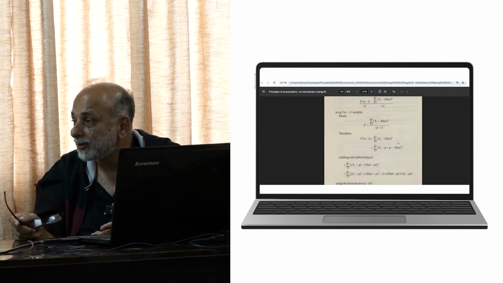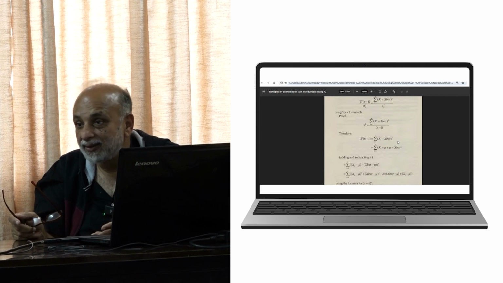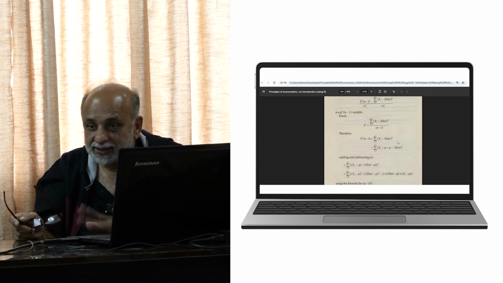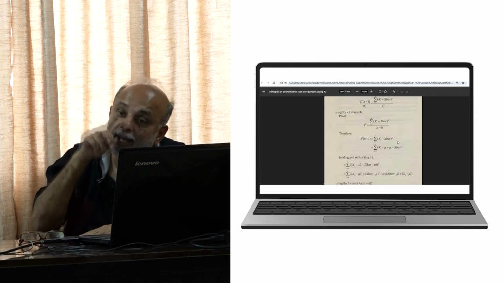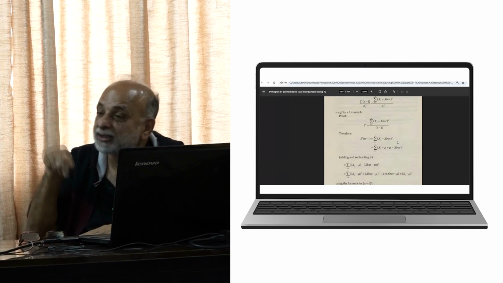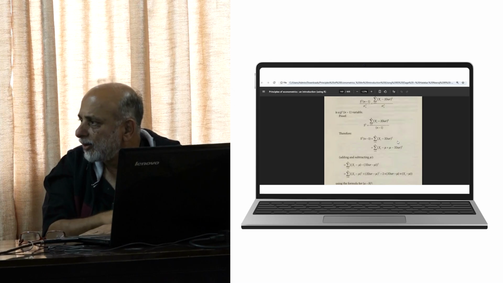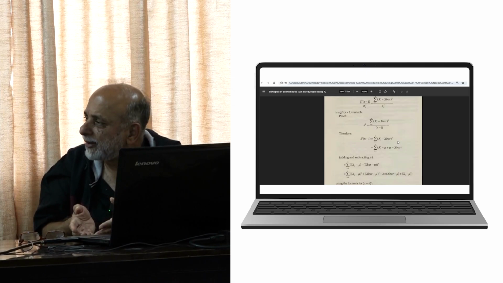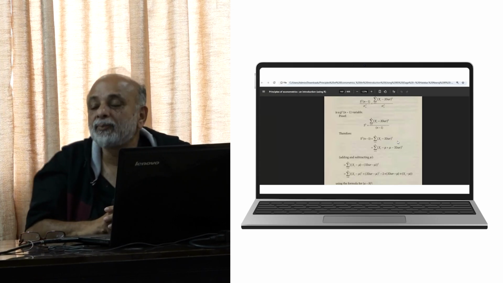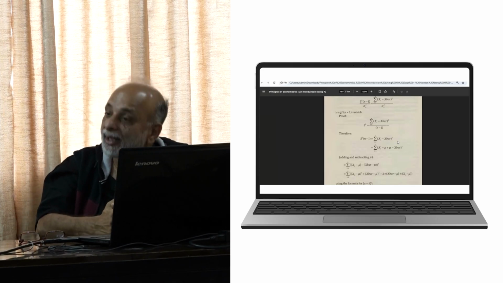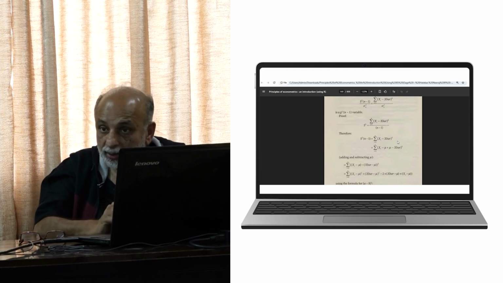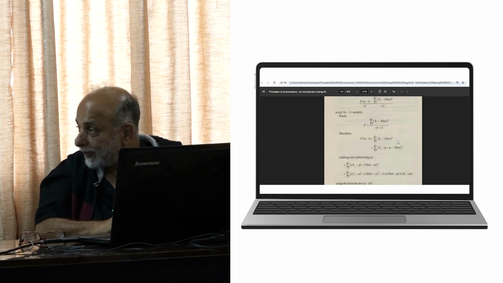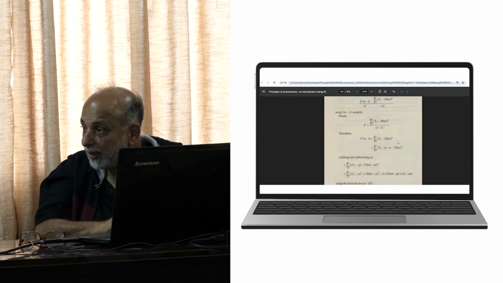N minus 1, no? If x bar is a sample mean, and there are n observations, then there are only n minus 1 independent xi minus x bar by sigma squares. So that will be a sum of n minus 1 independent standard normal squares. So s square into n minus 1 upon sigma square will be a chi-square with n minus 1 degrees of freedom. Right? Sure? Everybody is getting this?